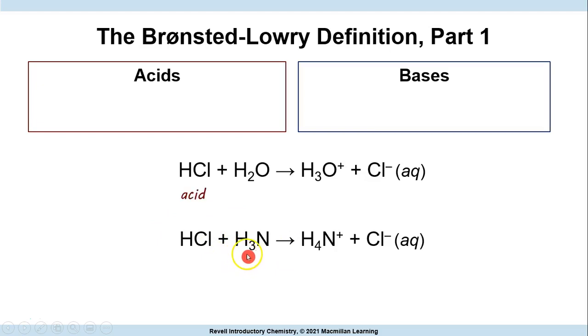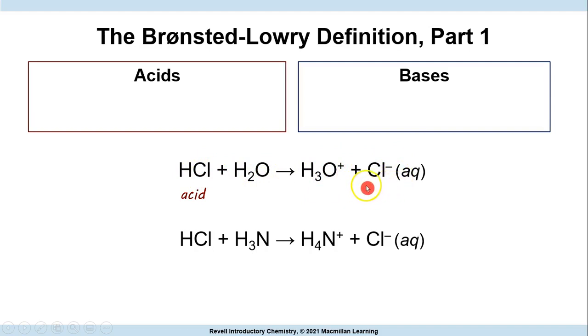Now we are going to see what Bronsted and Lowry say about this situation. In the first case here, we know that hydrochloric acid is the acid, and Bronsted-Lowry define an acid as a compound that donates hydrogen ions. So in this first case, we see hydrochloric acid donating the hydrogen ion to water, to form the hydronium ion and the chloride.